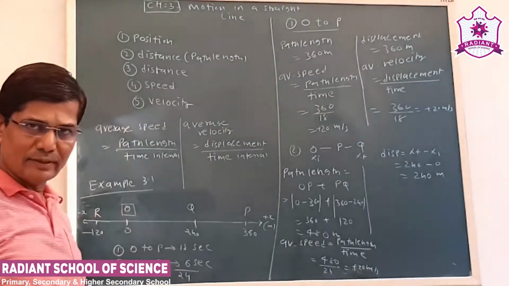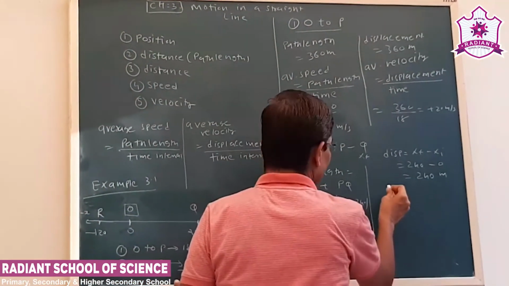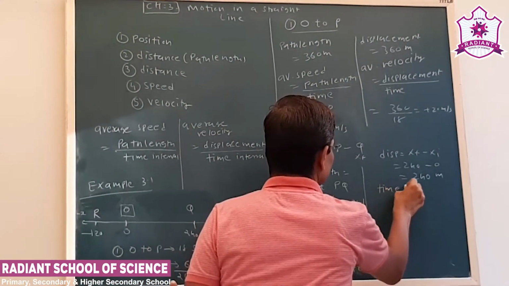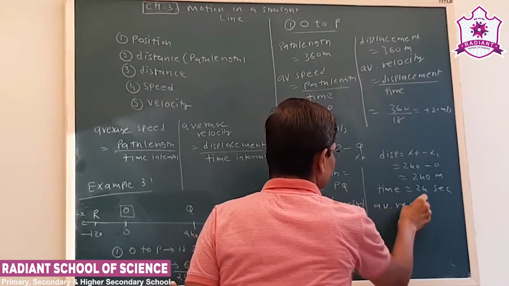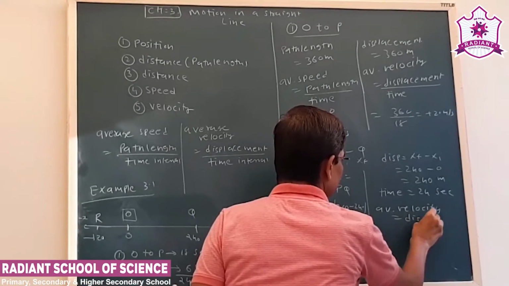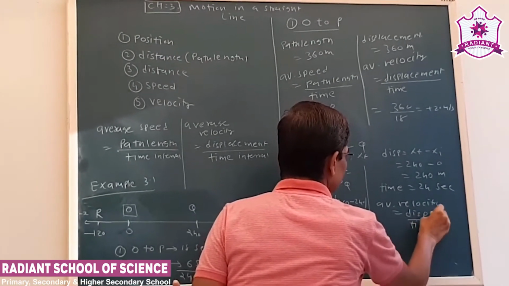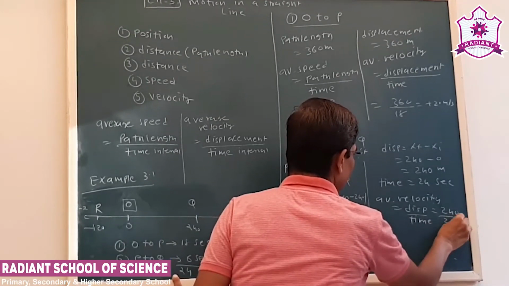Now what we get displacement is 240 meter. Now the time is 24 seconds. So average velocity is displacement upon time, that is 240 upon 24, that is plus 10.